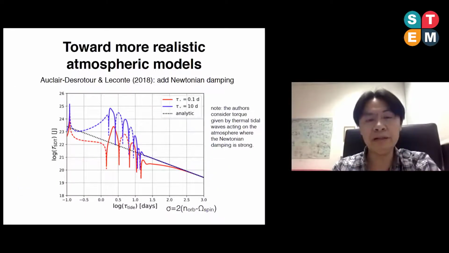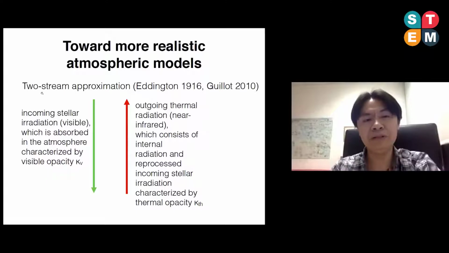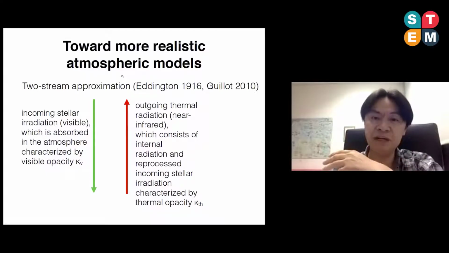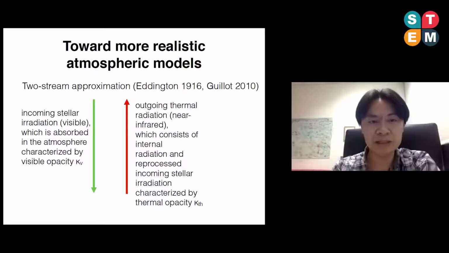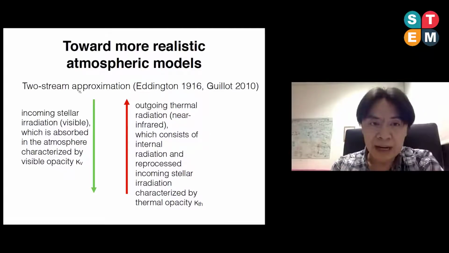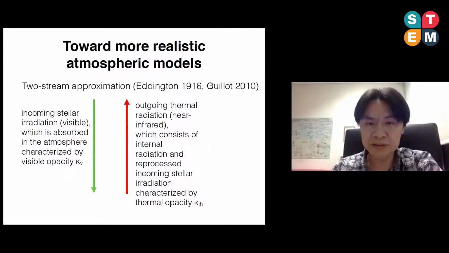In the meantime, almost at the same time, I was thinking about a different model, the so-called two-stream approximation, for a more realistic atmospheric model. In this framework, there are two streams. One stream refers to the incoming stellar irradiation. Most of this light is at visible wavelengths, which is absorbed in the atmosphere, controlled by the visible opacity kappa V. The other stream refers to the outgoing thermal radiation.